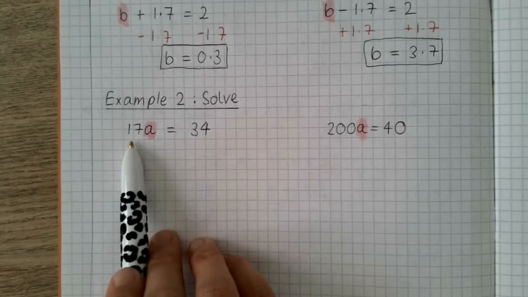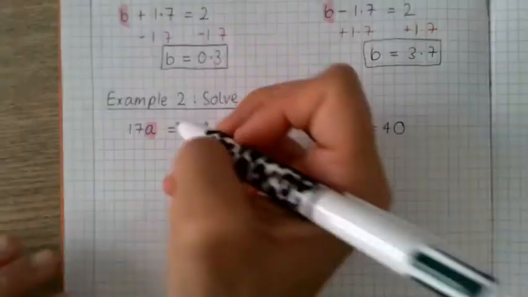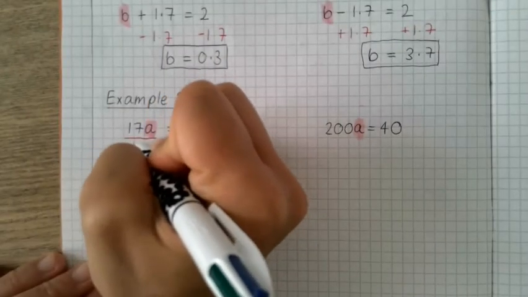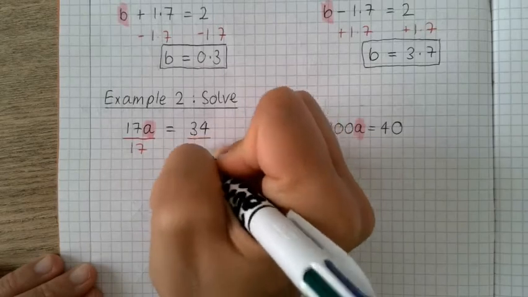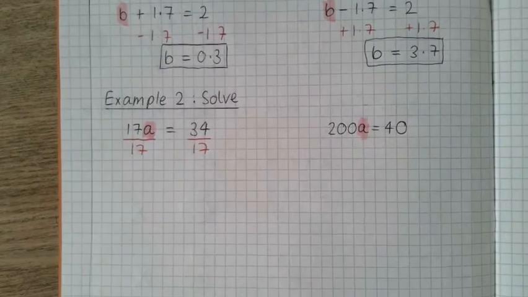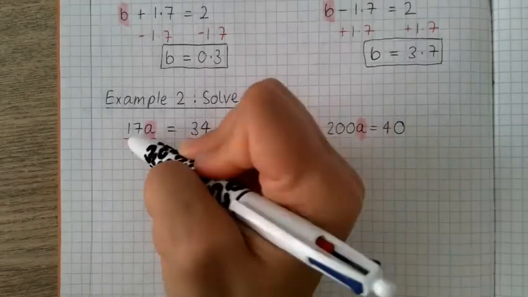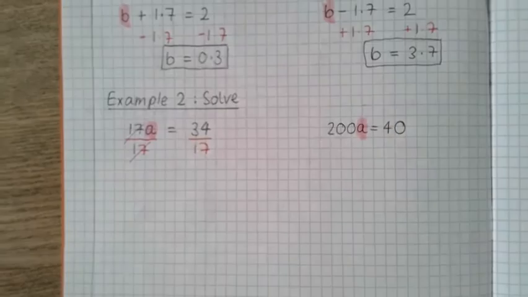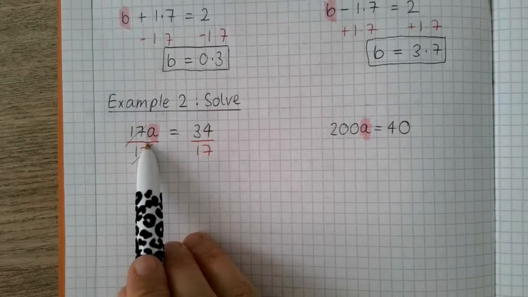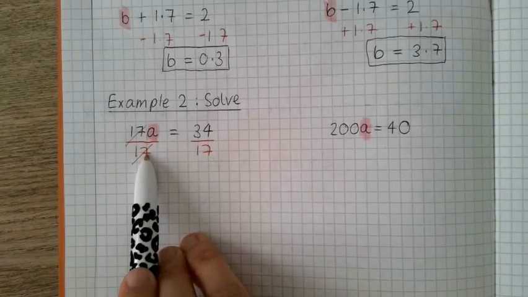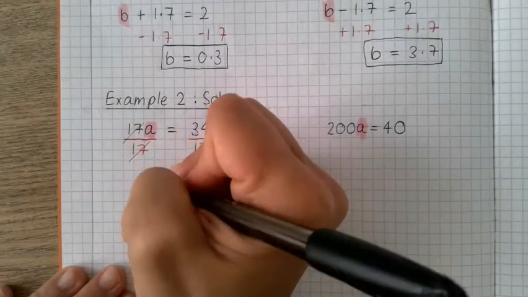Well, to undo multiply by 17, we have to divide by 17. And I'm going to show that with a fraction like that. So when I divide by 17, on the left-hand side, well, the 17s will cancel, because multiply by 17, divide by 17 cancel, and we're left with a.